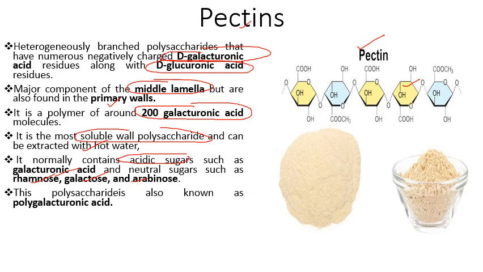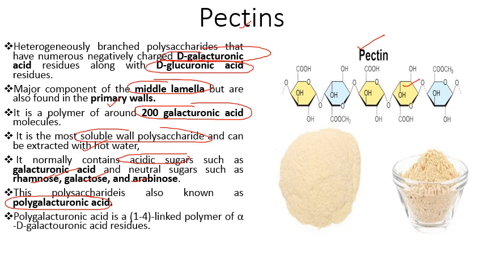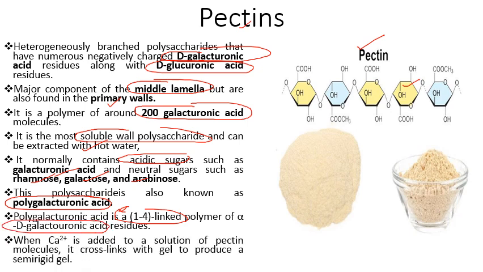This polysaccharide is also known as polygalacturonic acid, a 1,4-glycosidic linked polymer of alpha D-galacturonic acid residues. When calcium ion is added to the solution of pectin molecules, it cross-links to produce a semi-rigid gel and forms a cementing layer between two cell walls.